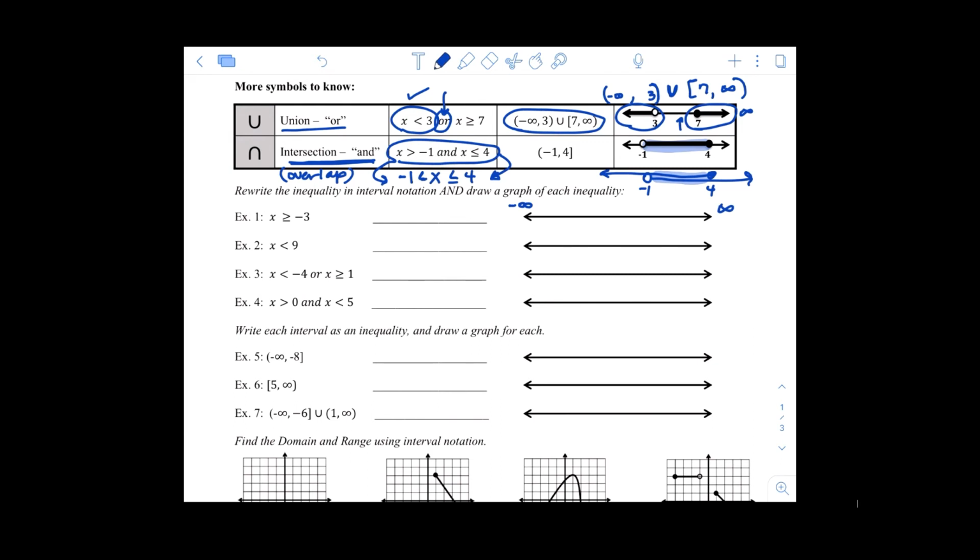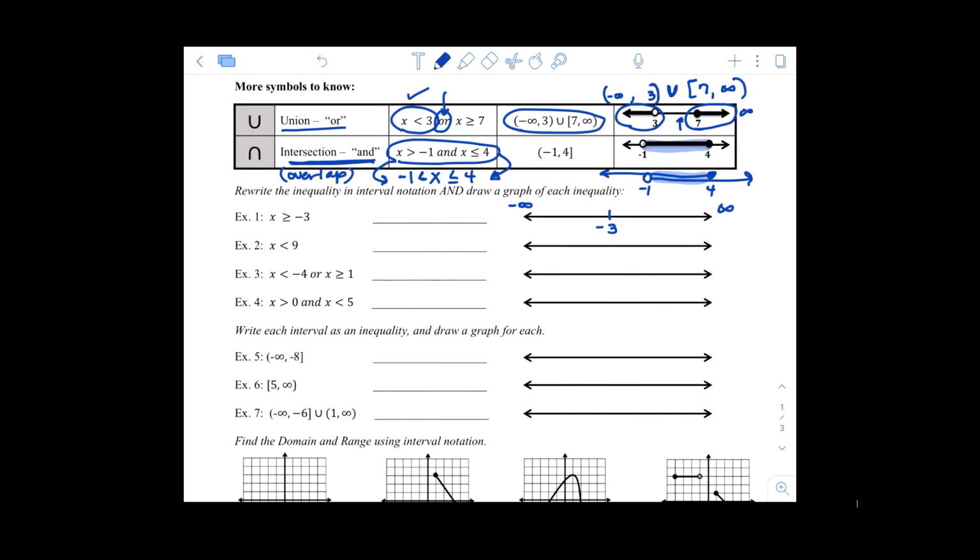X is everything greater than or equal to negative 3. I find it easier to draw the picture first and get a visual, and then let's practice translating that into interval notation. So if x is greater than or equal to negative 3, my important number is going to be the negative 3. It's kind of a critical value there. If x is everything greater than or equal to negative 3, would I have an open circle or a closed circle?